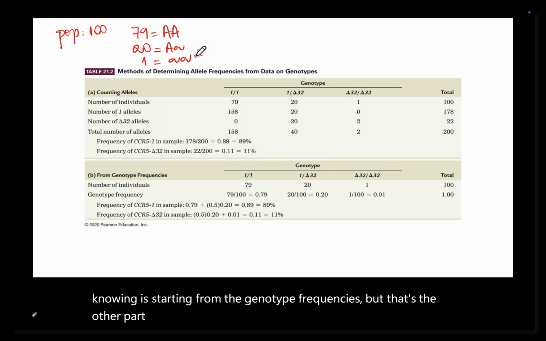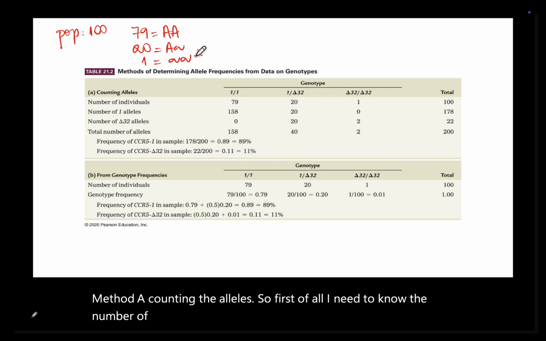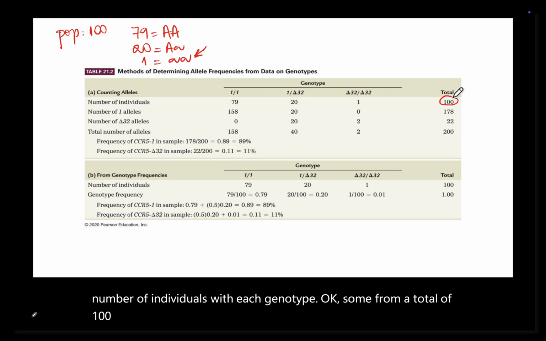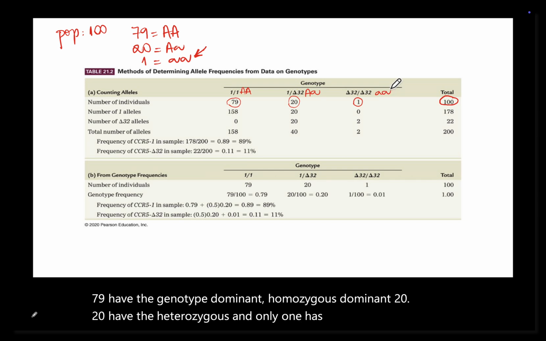So how do we do that? By method A, counting the alleles. So first of all, I need to know the number of individuals with each genotype. Okay, from a total of 100 subjects in that population, I found out that 79 have the genotype homozygous dominant, 20 have the heterozygous, and only one has the mutant allele.